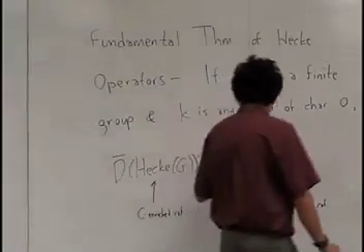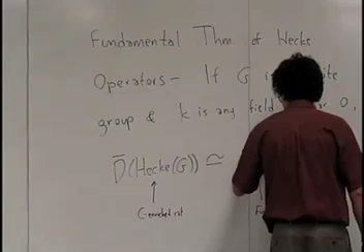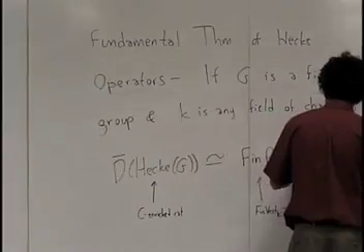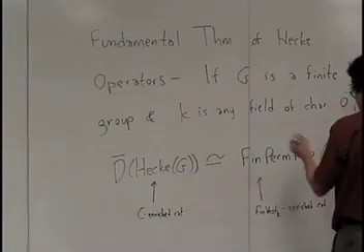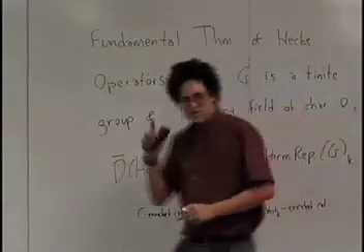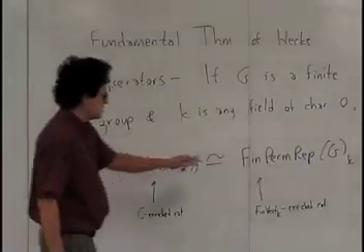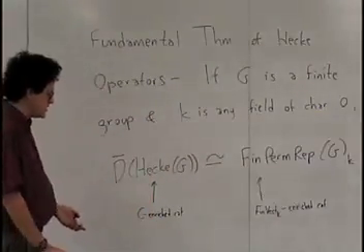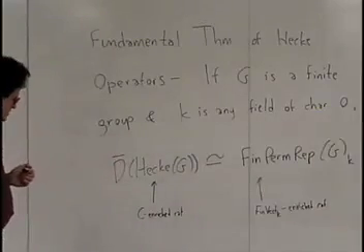So we could call this category, say, finite-dimensional permutation representations, FinPerm Rep of G. You want to be very bureaucratic, right? So we're going to field K. That's the category where the objects are the finite-dimensional permutation representations of G, and the morphisms are just the intertwining operators.